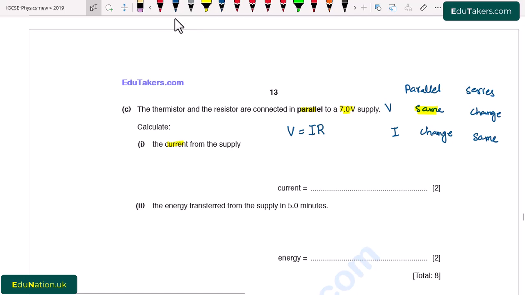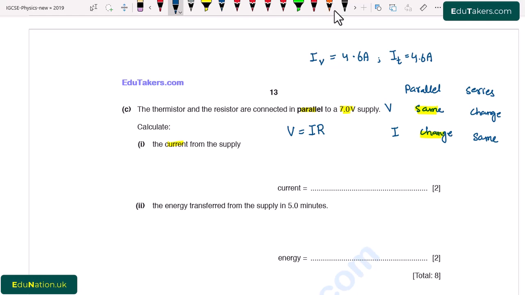We can see from here that in the parallel combination the current changes. It means that the value of current does not remain same. And from the graph we see that the current across resistor is 4.6 ampere and current across thermistor is also 4.6 ampere. When we have to find out the total current in parallel combination, we add the individual current values.